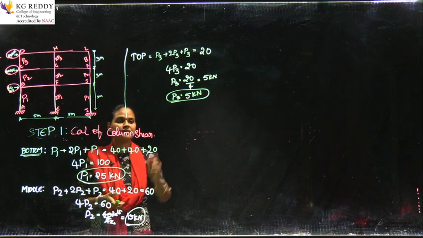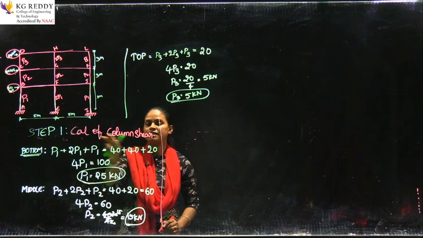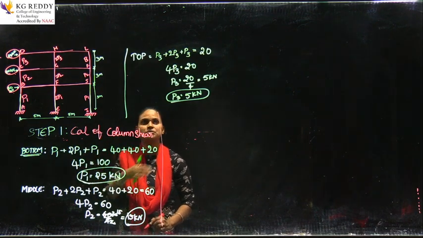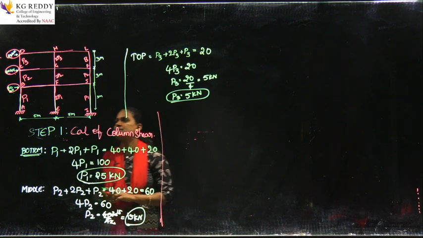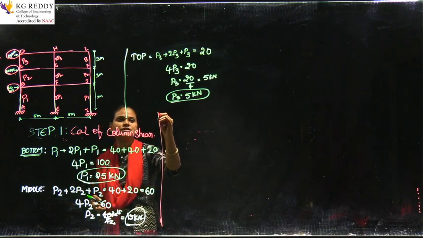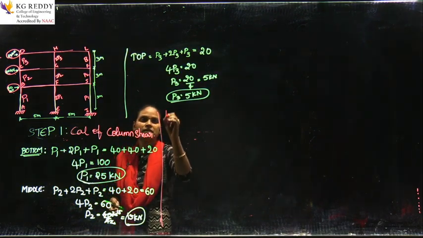Now we need to calculate the column shear. You have the P1, P2, P3 values. So what is the shear value? For the calculation of shear, first you need to take PAB, PBC and those values. What is PAB?